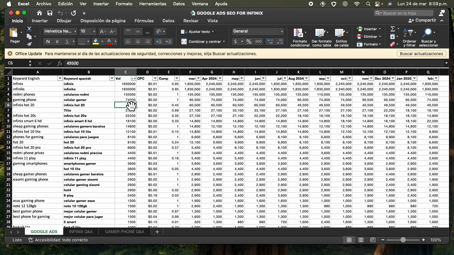Because when people search gaming phone, if Google detects that we are talking in this video or in our blog about gaming phones, we have more probability to appear in the searches of the people and get traffic because of this.